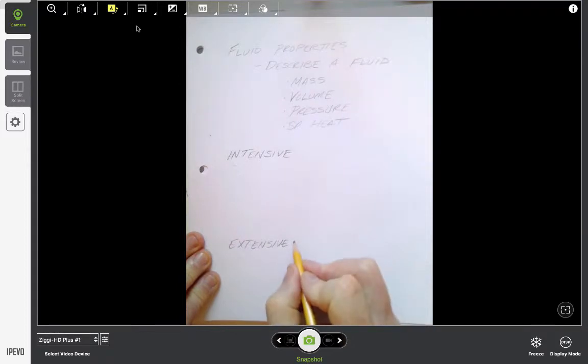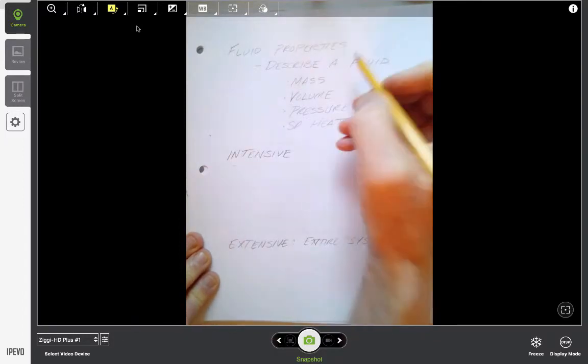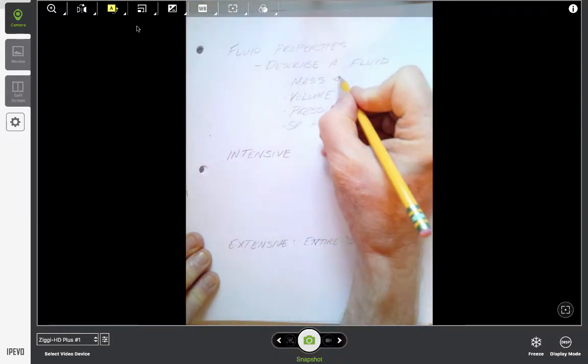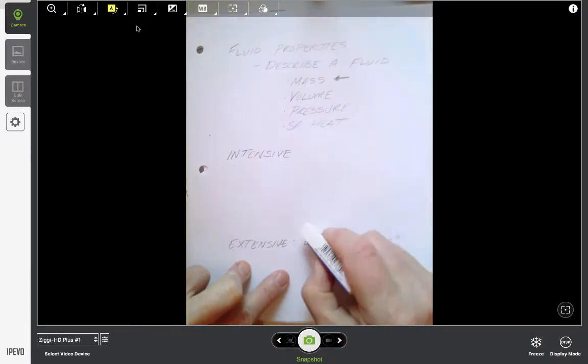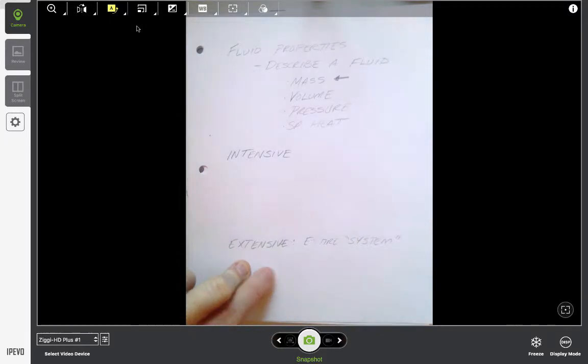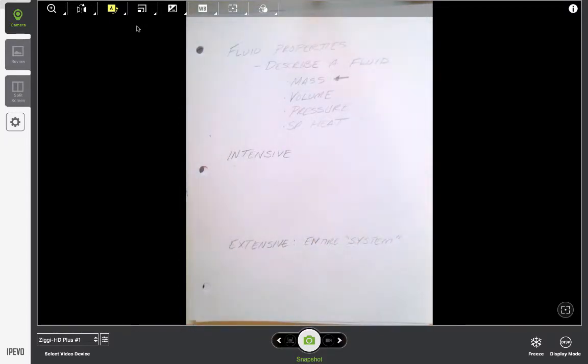Now the extensive properties refer to an entire system. And usually an entire system is described by its total mass. Other properties presumably could be used, but mass is the common one. So let's consider an entire system ourselves. Most of us probably have a mass of 60 to 90 kilos.